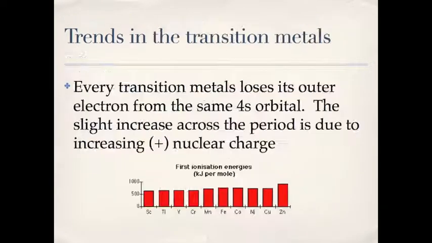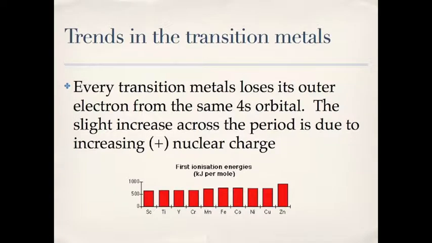Now for the transition metals, we don't really look at any huge trends happening here, and that is solely due to the fact that we are removing an electron from the same 4s orbital, so there's very little difference. The main difference, if you can see, is a slight increase as you go from left to right, and that is the fact that you do have more protons creating a positive charge.